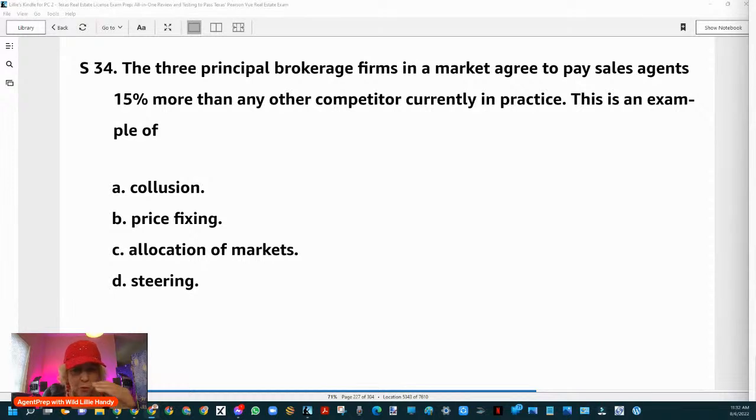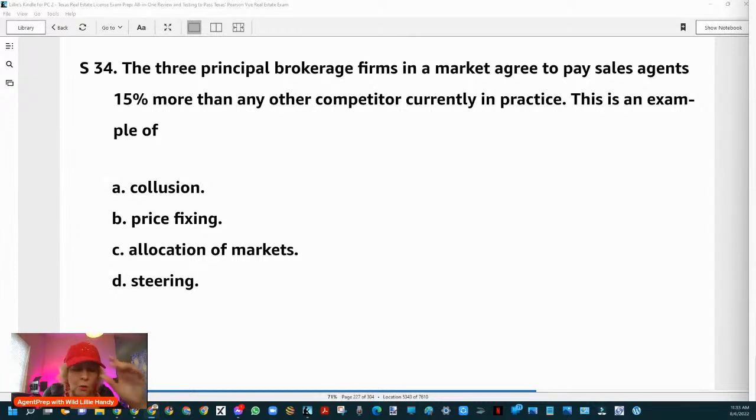They're colluding, they're cooperating to give bonuses of 15% more than competitive brokers. So this is amongst us brokers as their fees or encouraging realtors to go sell. So it's a firm. So the three principal broker firms in a market agree to pay sales agents 15%.